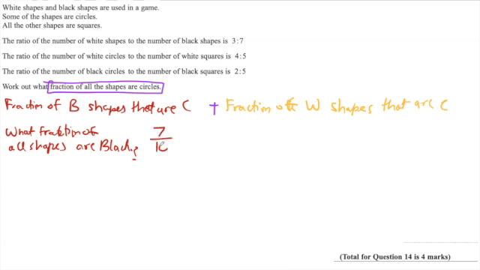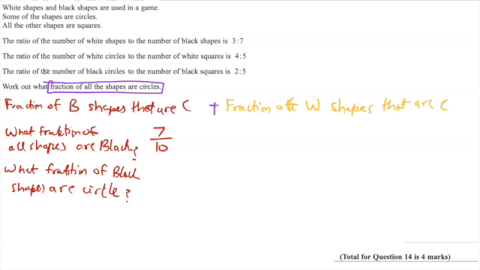It's 7/10. Okay, the next question we need to ask ourselves is, we know that the fraction of all shapes that are black is 7/10. Now, what fraction of black shapes are circles?